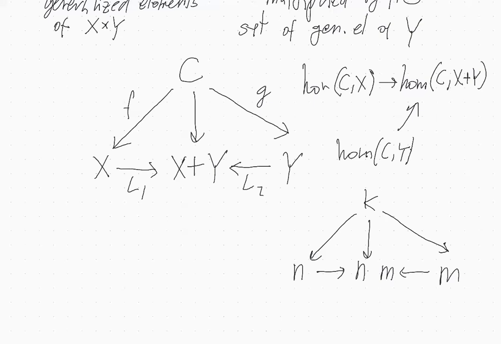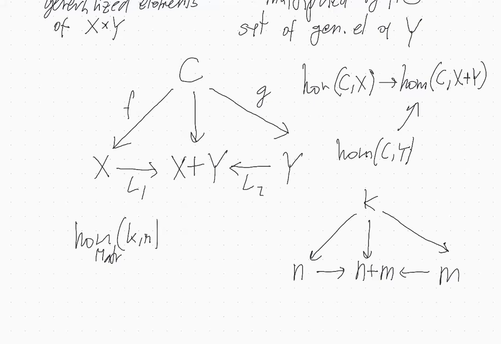So how many n by k matrices do we have? What is the size of hom kn in the category of matrices? How many matrices do we have of that? Well, maybe we shouldn't even count them because there'll be infinitely many, because the entries of the matrices are real numbers.